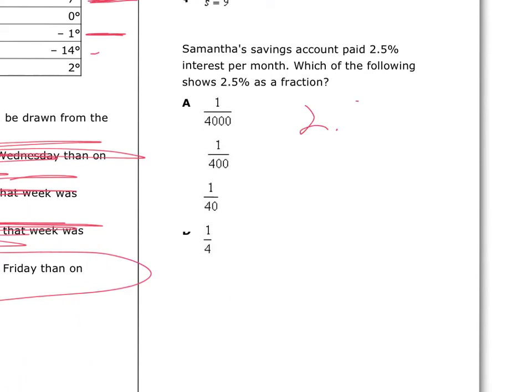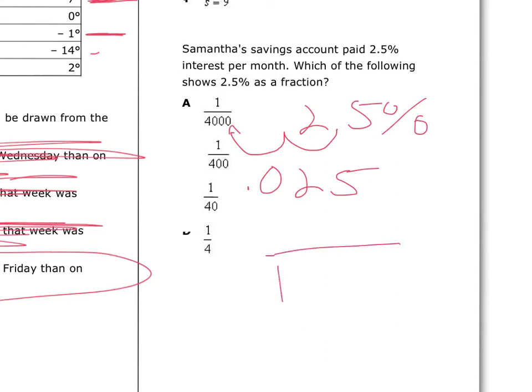I have to move my decimal 2 times to the left, and I get 0.025. Now I'm going to make that into a fraction. So draw your line and your 1. How many decimal places were there? 3. So I want 3 zeros, and then the original number in the top. 25 over 1,000 is my fraction.